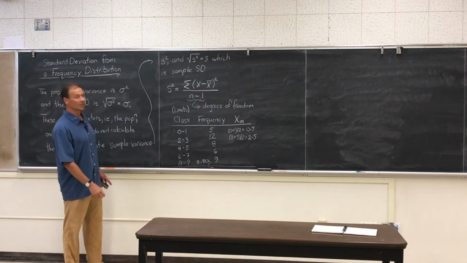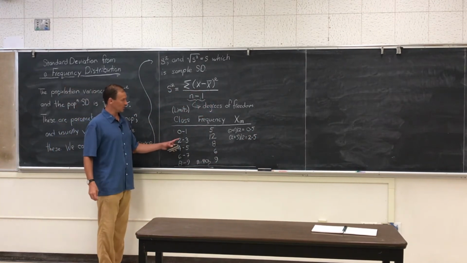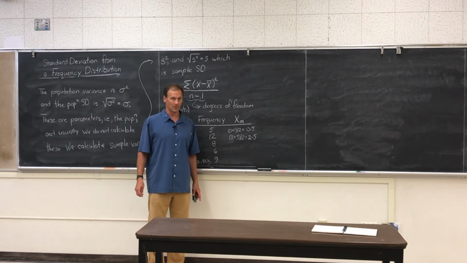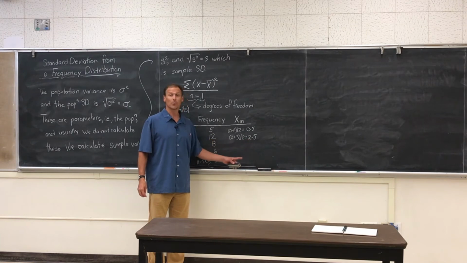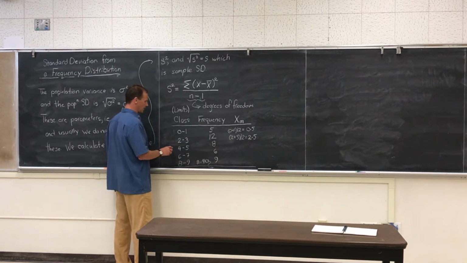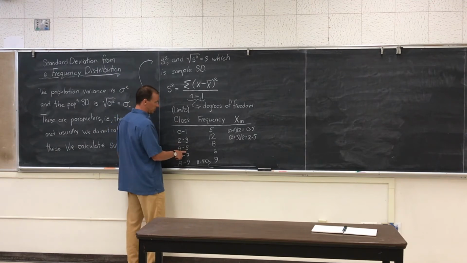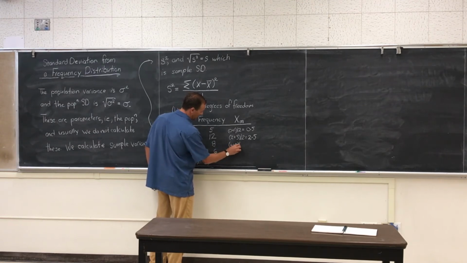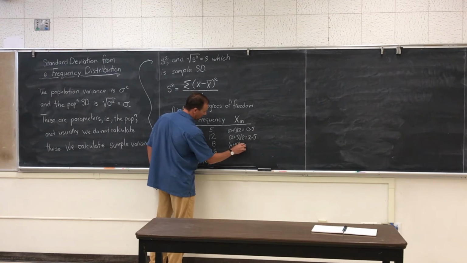And notice that our class width is 2, so it looks like each of these will go up by 2. So I bet you this next one will be 4.5, then 6.5. Let's see if we're on to that. Take a 4 and a 5, that's a 9, and we divide 9 by 2, there's 4.5.